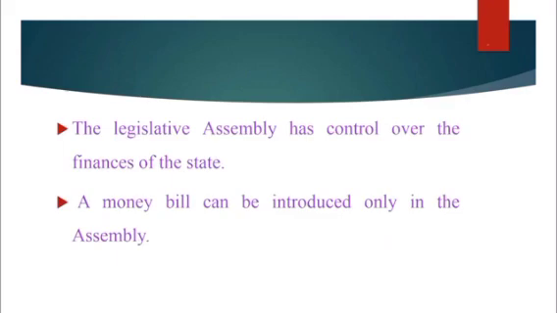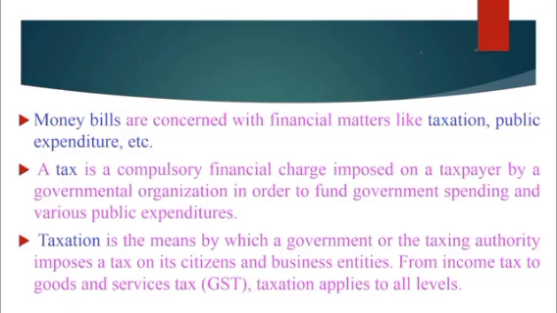The Legislative Assembly has control over the finances of the state. A money bill can be introduced only in the Assembly. Money bills are concerned with financial matters like taxation, public expenditure, etc.